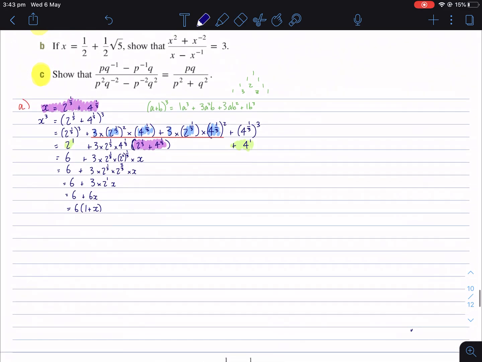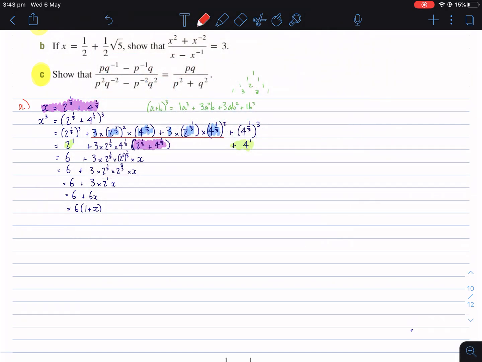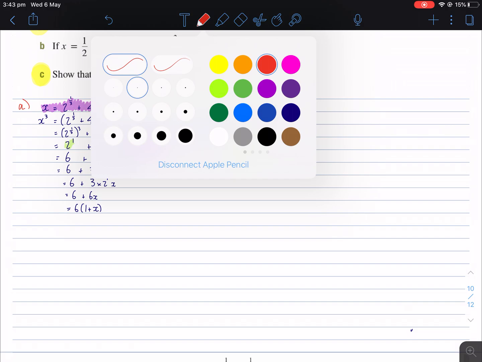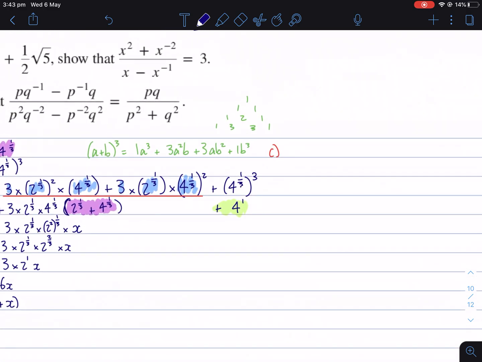Okay. C is going to be a bit of a nightmare fractions wise. Love it. So we've got, I'm going to start from the left and see if I can get the right.